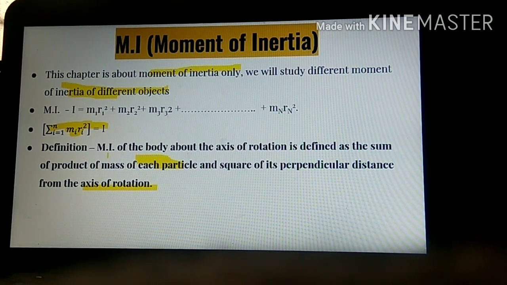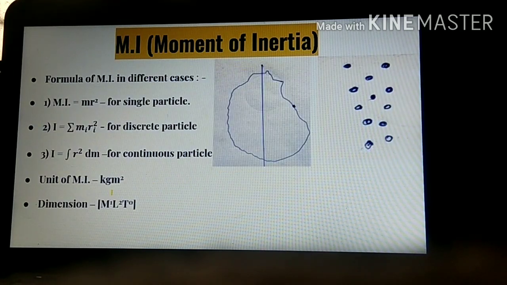I will repeat: what does moment of inertia mean? It is defined as the sum of the product of the masses of each particle, m1, m2, m3, and the square of the perpendicular distance from the axis of rotation. Okay, so this was the definition.